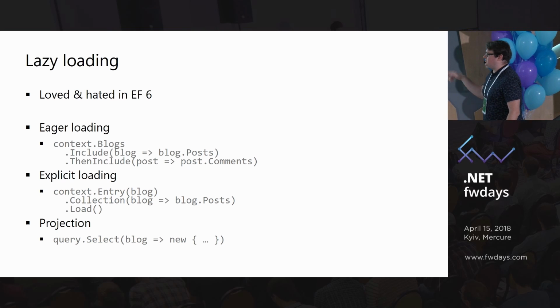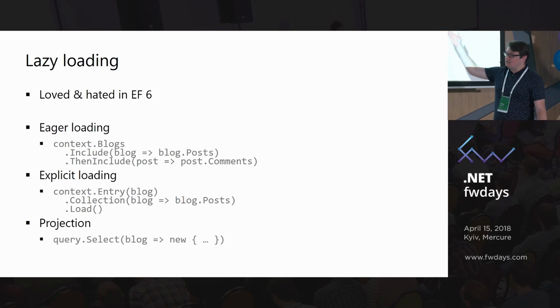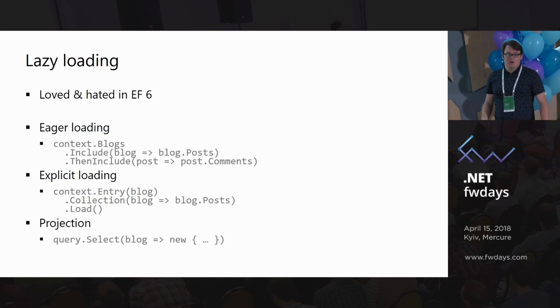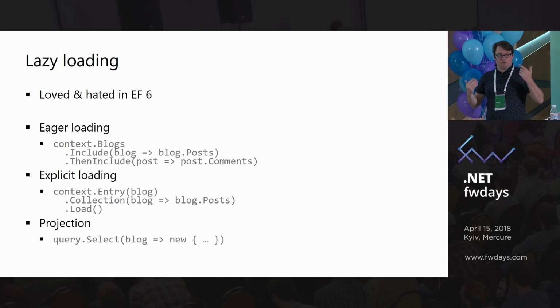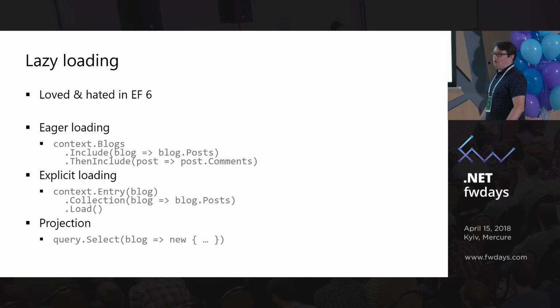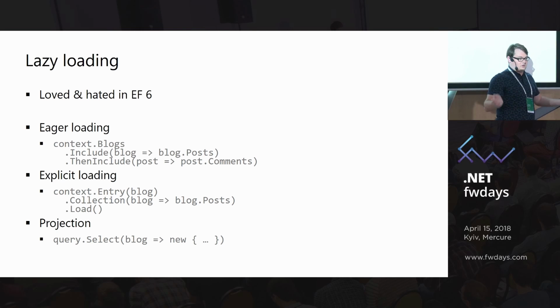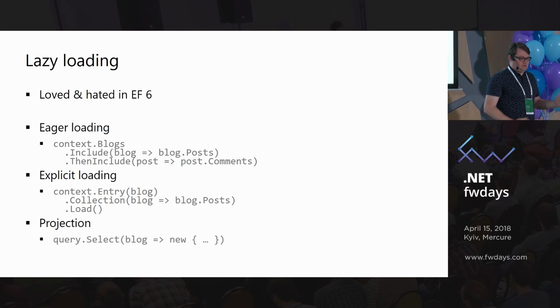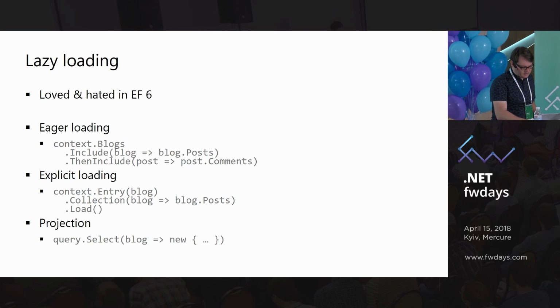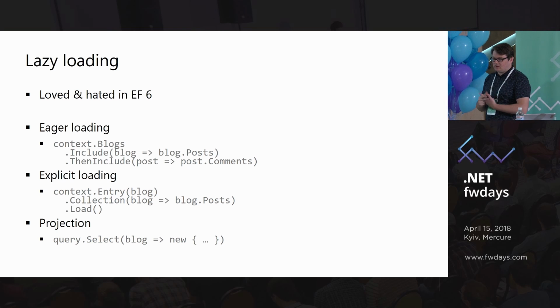And of course, maybe you don't need all columns from the posts, you need only some of them, for example, the post titles. So it is always better to use projection and select only the things you really need, because you will transfer much less data between the database and your server. So these are the current methods.